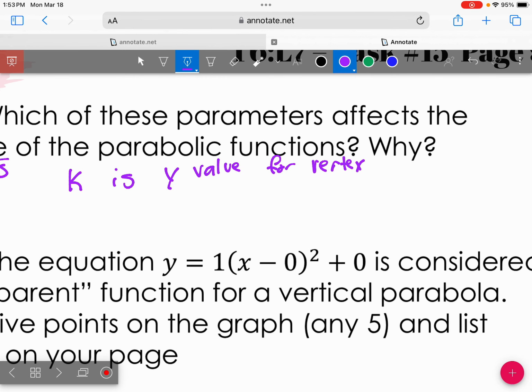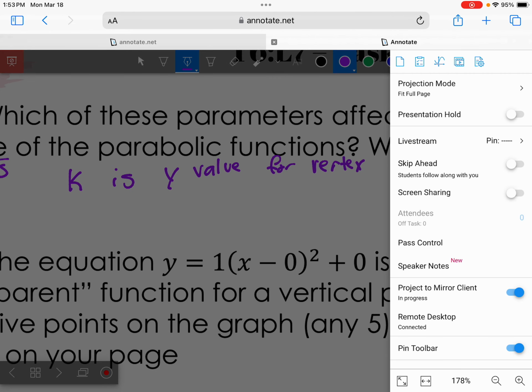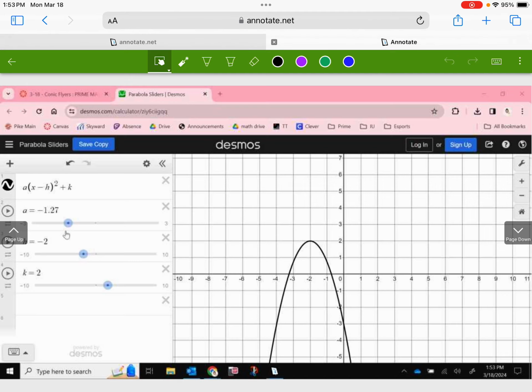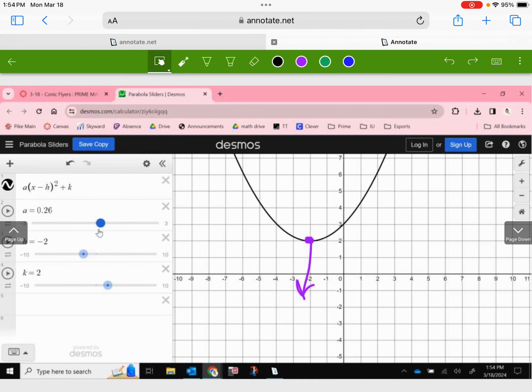Which other one affects my range? A. Because A is going to tell us whether we're taking our vertex as a maximum and looking at everything below, or if our vertex is a minimum and we're taking everything above. So our A tells us which direction.